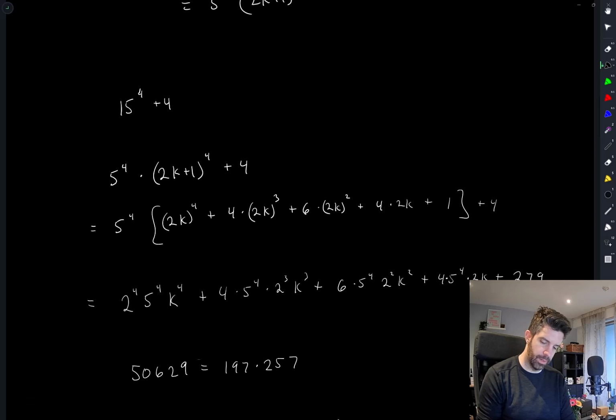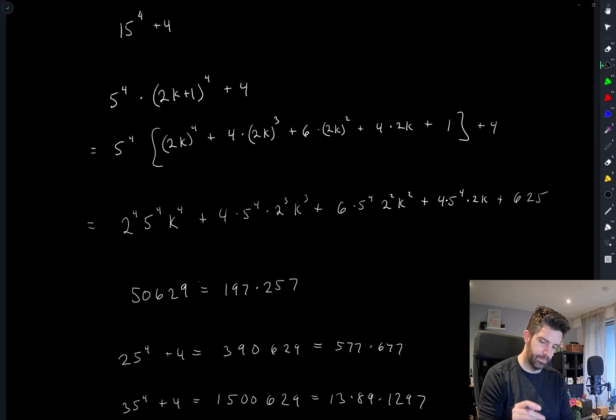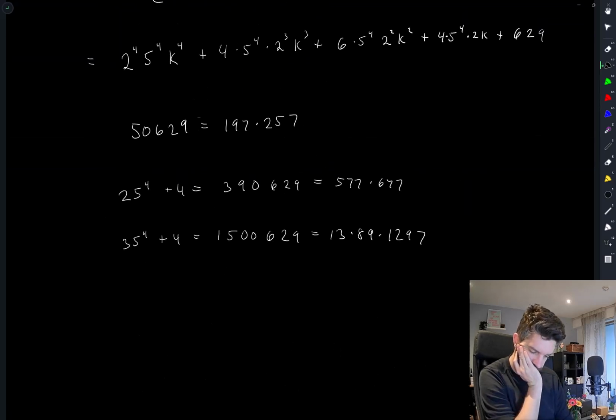Did I do something completely wrong here as well? 5 to the 4 plus 4 is 629, sorry. I don't know.